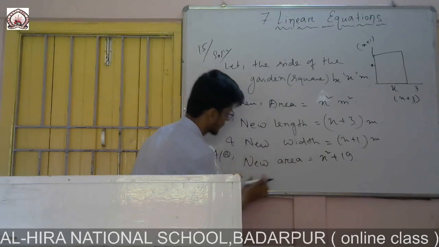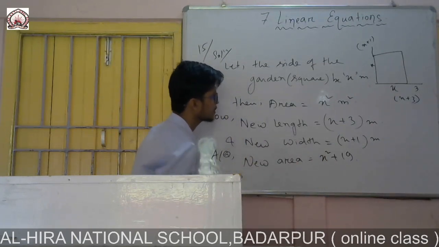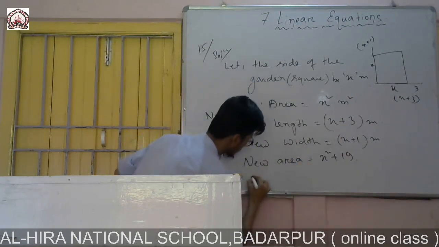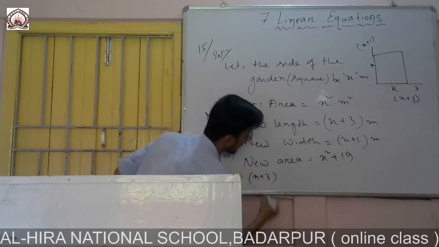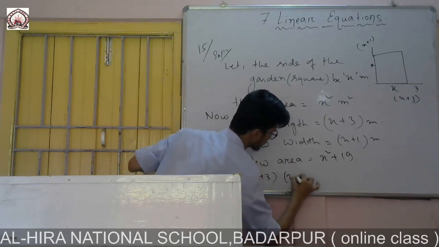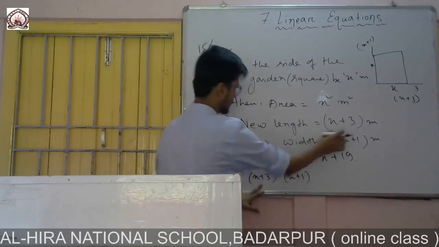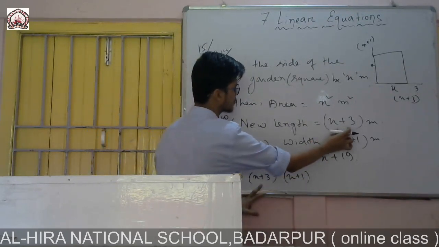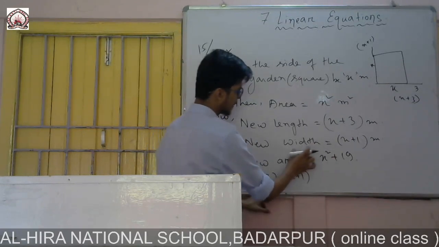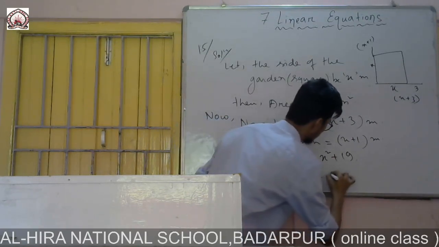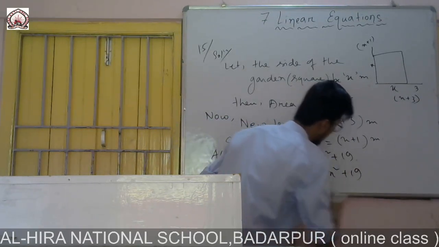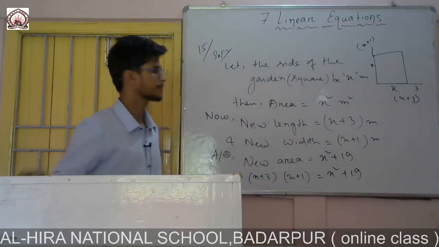And for the new area, we have the new length and new breadth. The new length is x plus 3 and the new breadth is x plus 1. The area formula is length into breadth. So I write the new length and new width equals x square plus 19.